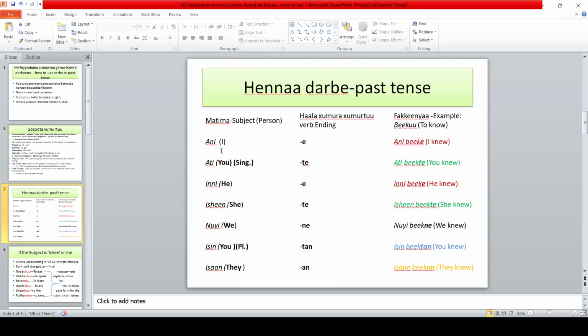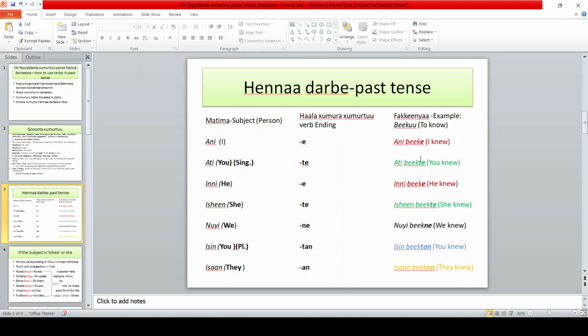For example, ani beeke. So the suffix that comes is a in Afaan Oromo, or e in English. Ani beeke, I knew. Ati beekte, you knew. Inni beeke.